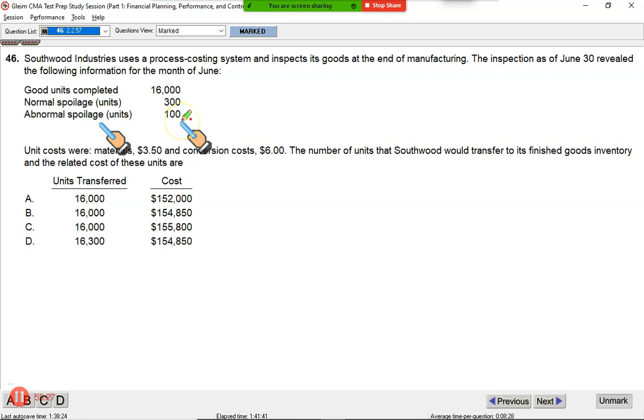The normal spoilage is a loss in production that is expected. Nothing unusual about this. It is expected, so it remains part of our cost of production. We don't separately treat it.